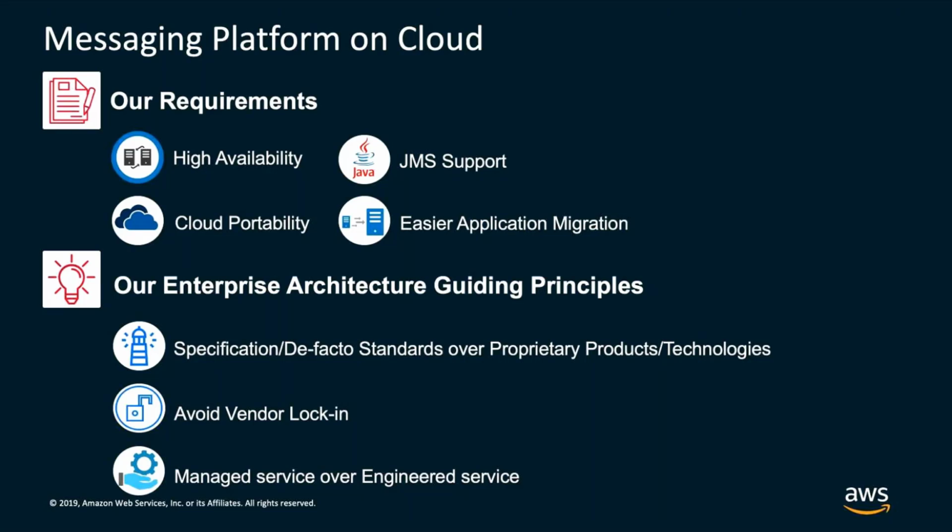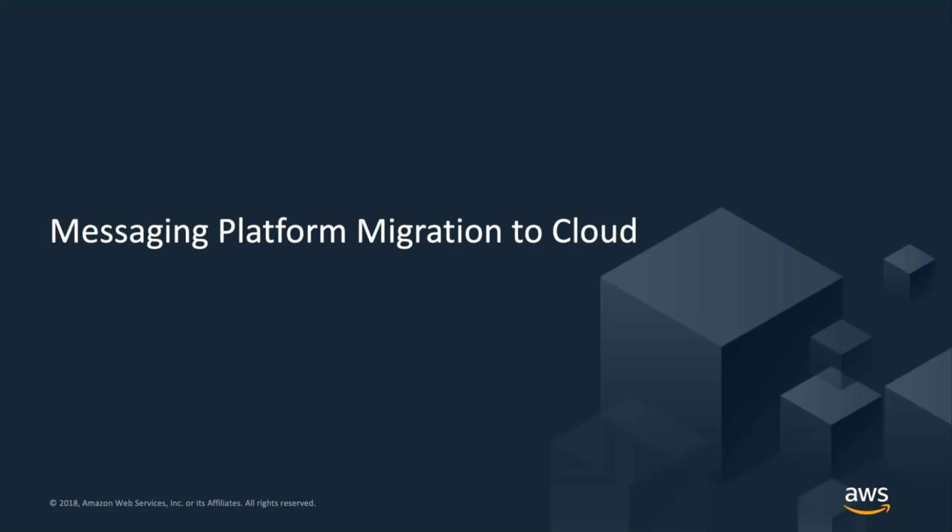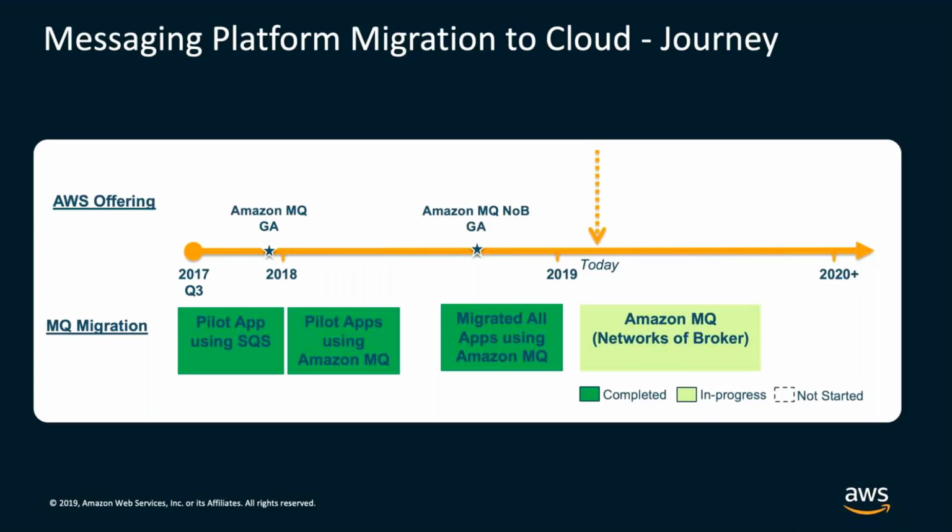The next set of questions we had was, AWS provides so many different offerings, so how should we go about using those offerings for our cloud migration? As you see here, when we started in late 2017, we started off with SQS, because back then this was the only choice you had.